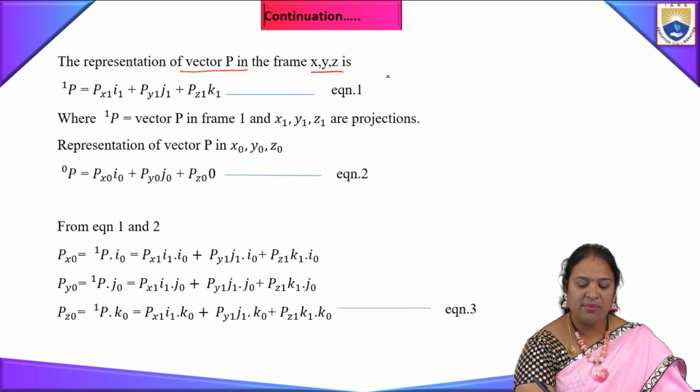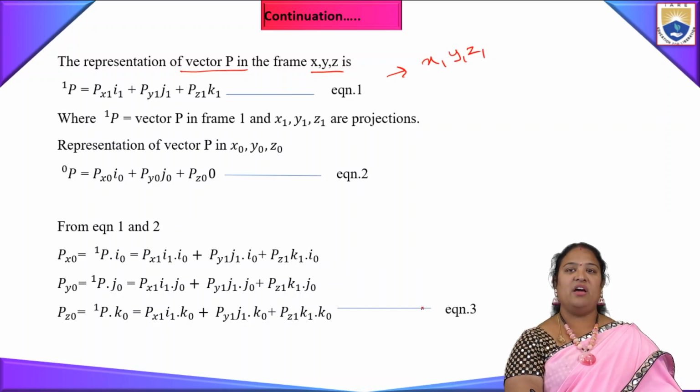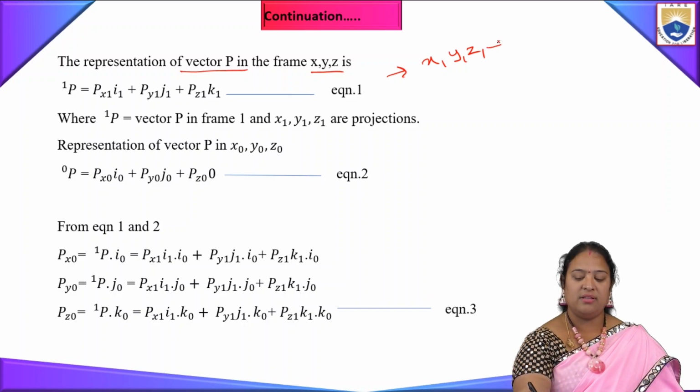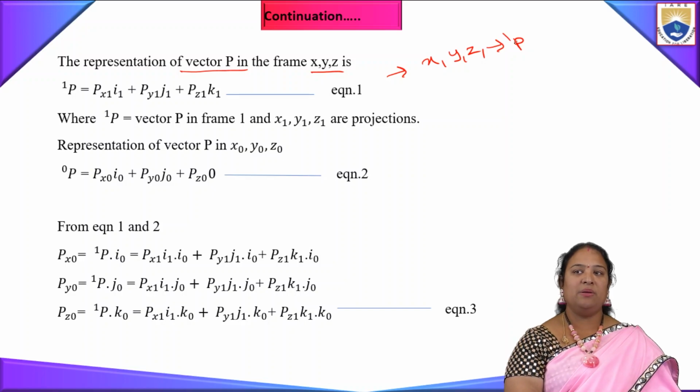Right? This is for the x1, y1, and z1 projections. The projection of frame 1 is represented by the projections x1, y1 and z1.